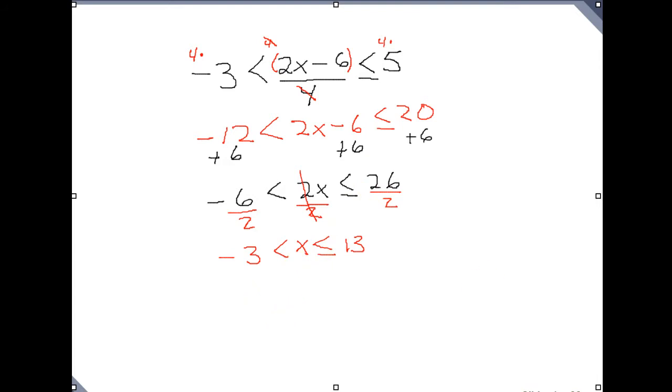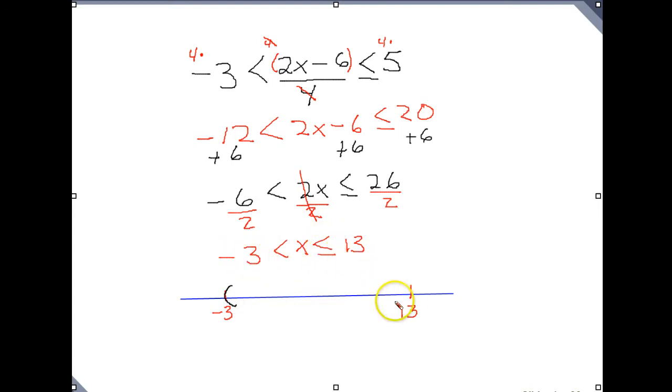Now we make our number line. And the numbers we're interested in are a negative 3 over there and a 13 over there. Now notice this is only a less than sign, so we're going to put a parenthesis here because a negative 3 is not included.